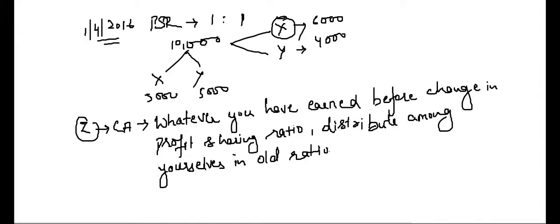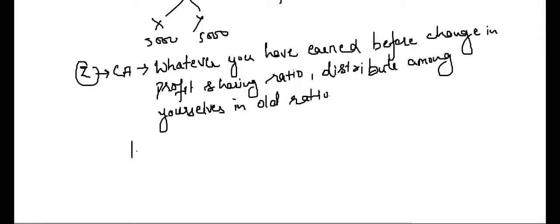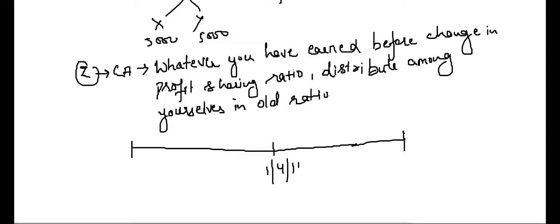Right? See, I'll explain this with a timeline. We are standing on 1/4/16. This is 1/4/15. During this period, they earned a profit of 50,000 when they were sharing profits in the ratio of 3:2.